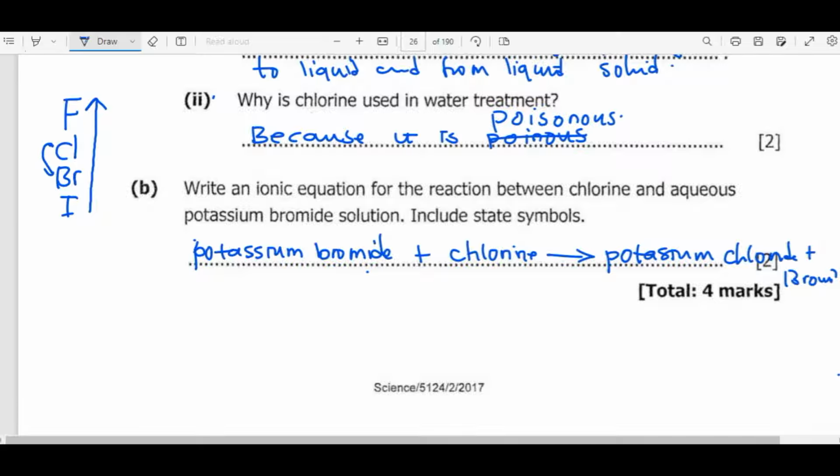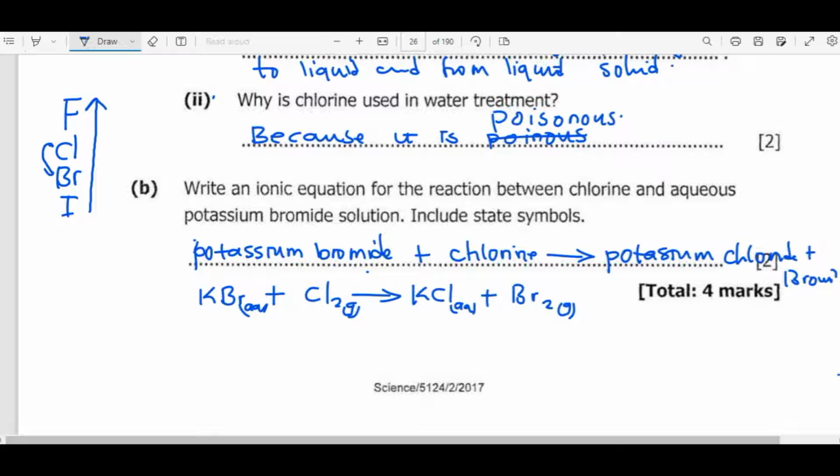Then the chemical formula for potassium bromide is KBr aqueous plus chlorine, which is diatomic, a gas at RTP. Then the potassium chloride is also aqueous, plus bromine, which is diatomic.